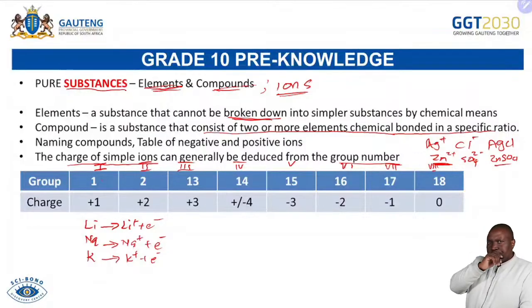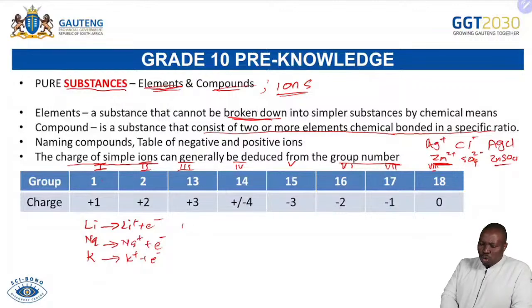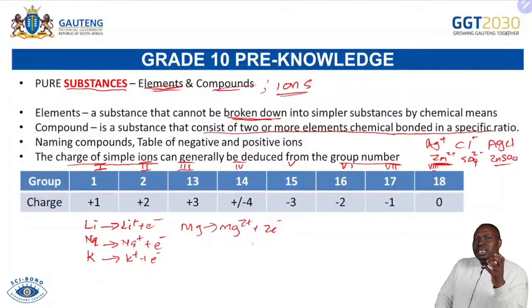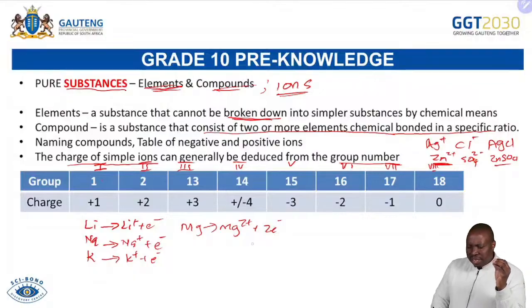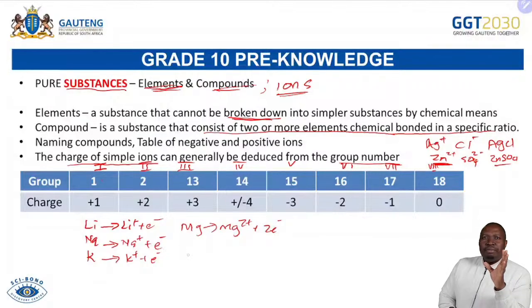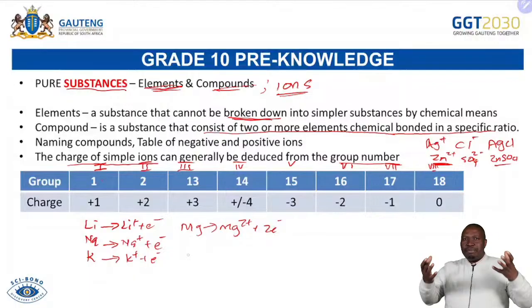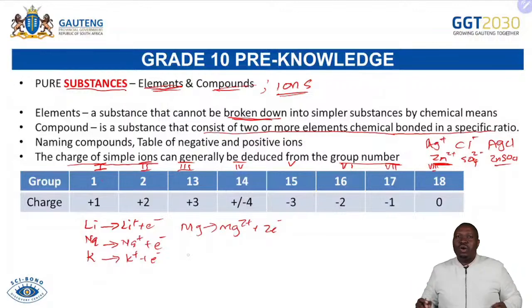You have your group 2, with your magnesium, your calcium; those ones can lose 2 electrons. So as to how many electrons the metal will lose or gain, already you know. You will have seen that I'm mostly referring to metals as the ones that will lose the electrons. Remember, when we were doing metallic bonding in grade 10, you said that the electrons in metals are delocalized.